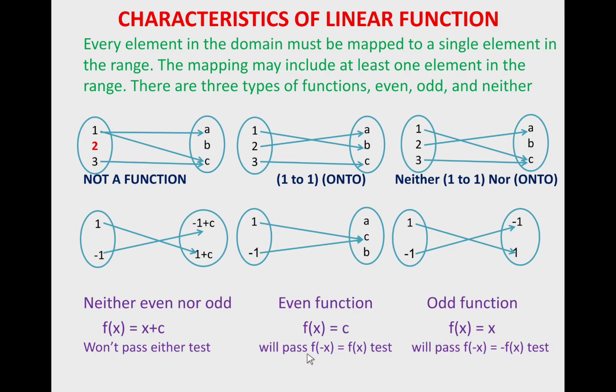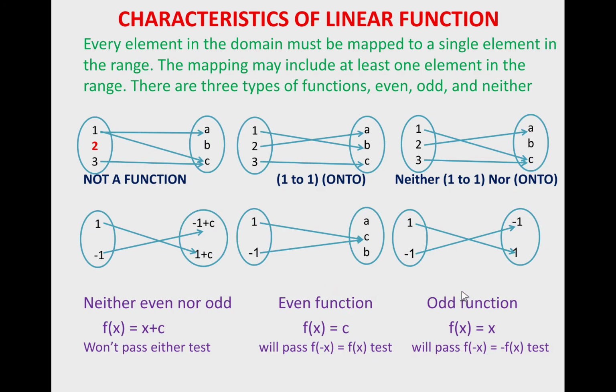So if we look at this carefully, f of negative x, and our x is 1, so we know that f of negative 1 is equal to c, and f of positive 1 also equal to c. So they're equal. So f of negative 1 equal to f of positive 1 equal to c. So this is the test.